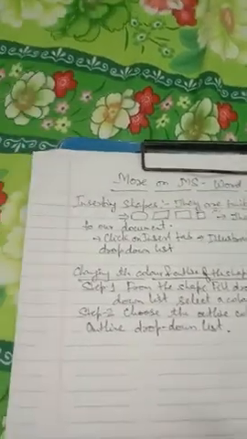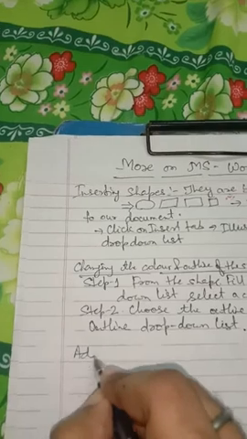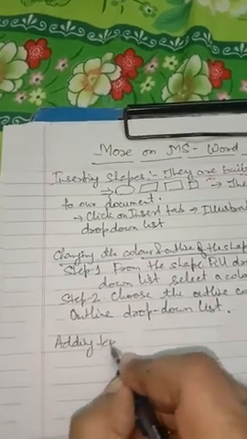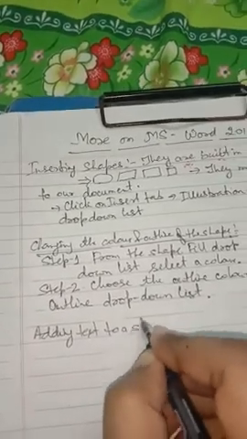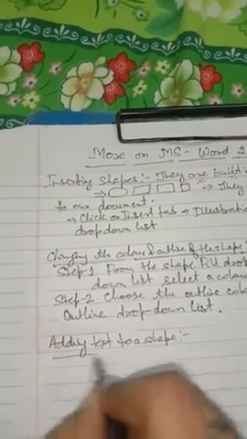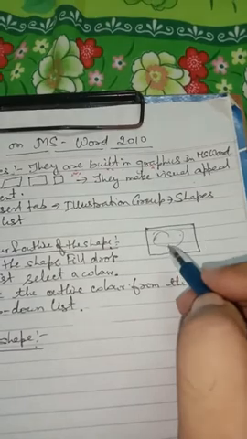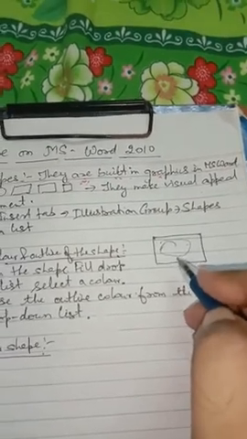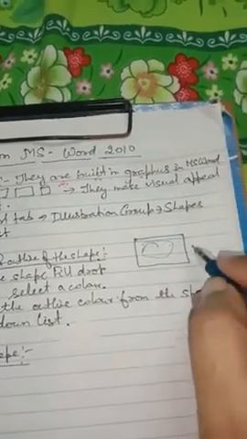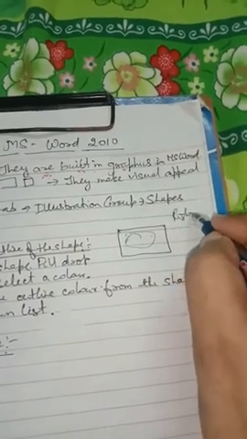Now adding text to a shape. How can we add text to a shape? Suppose this is the shape and we want to add text over here. In order to add the text, we have to right click over here. Just right click the mouse.